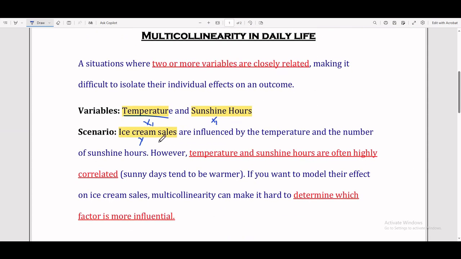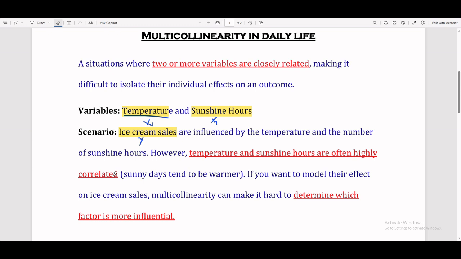So ice cream sales are influenced by the temperature and the number of sunshine hours. However, temperature and sunshine are highly correlated, because the hours which have high temperature are so because of sunshine.